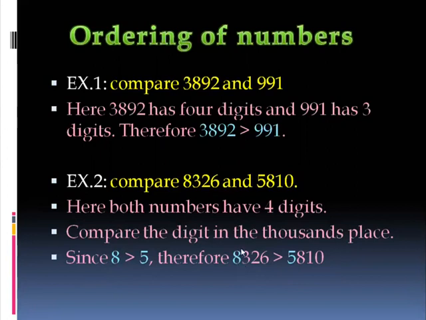So 8326 is bigger than 5810. And this is the bigger sign. Next, first you have to see the first number. If the first number is bigger than the second number, you have to put the bigger sign like this. Okay, this is the bigger sign. See, next.